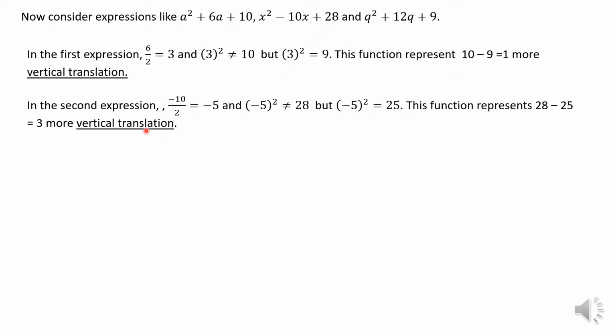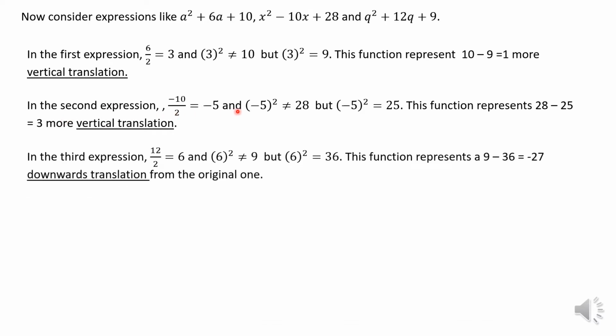So again, if you look at the two graphs and compare them, you will realize there is a vertical translation, an upward movement of the whole graph by 3 units. The other one, I had 36 initially, but this is 9. When you subtract 9 minus 36, the graph goes down by that many units. I'm just going to look at one specific graph if I quickly can bring that.